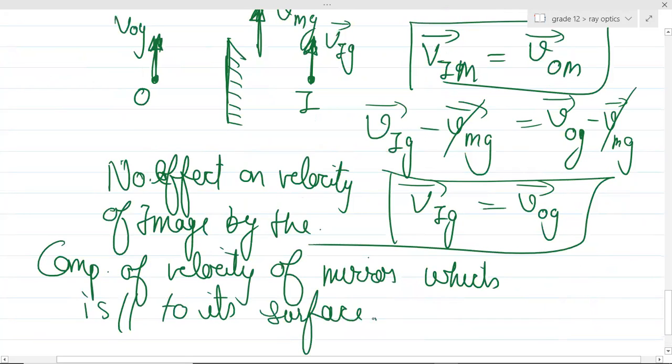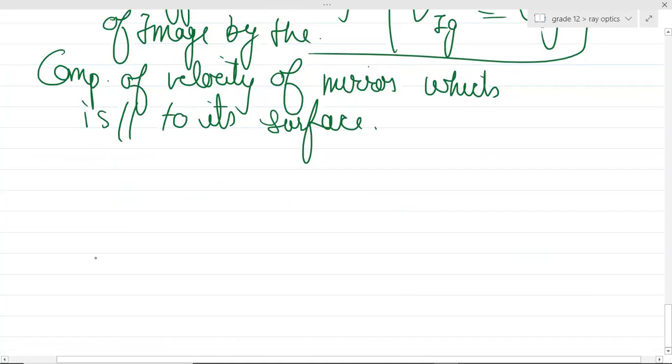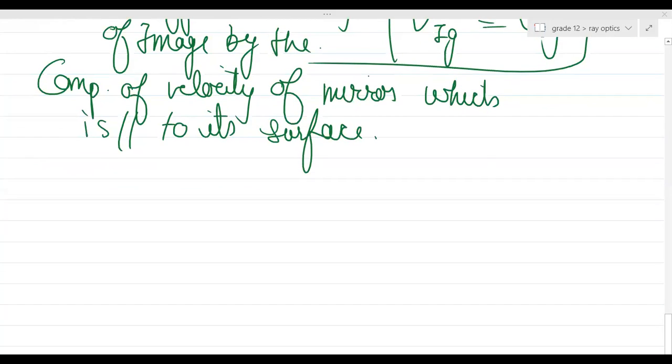Is this clear, guys? Are the two concepts clear to you? If the two concepts are clear to you, I'll give you one question which will help you use them a little bit more. Just tell me whenever you are done writing.